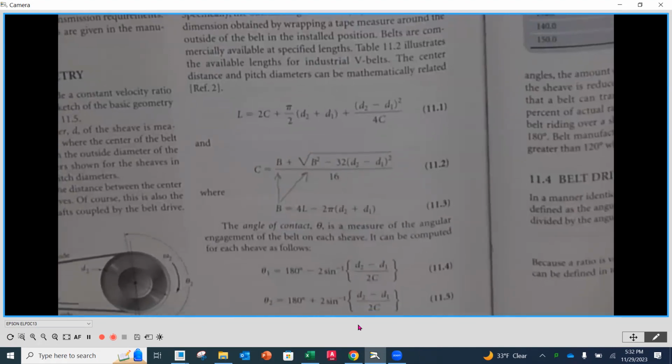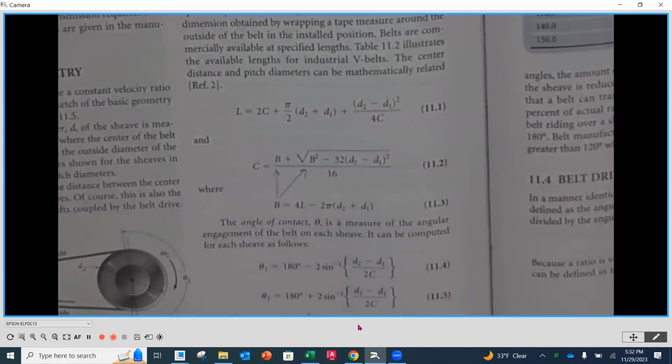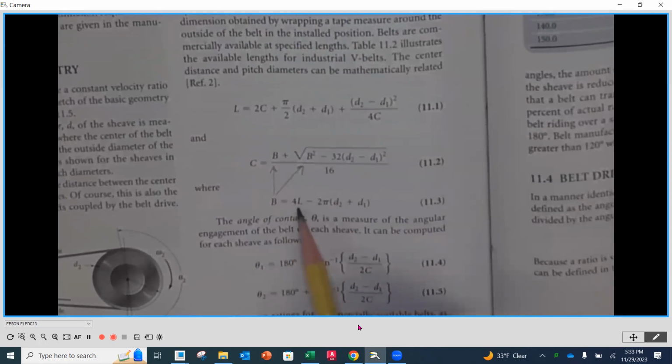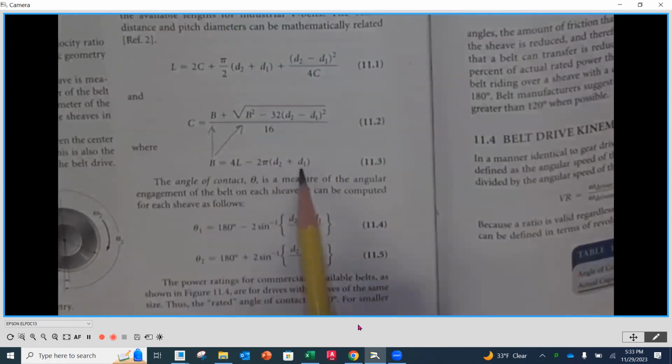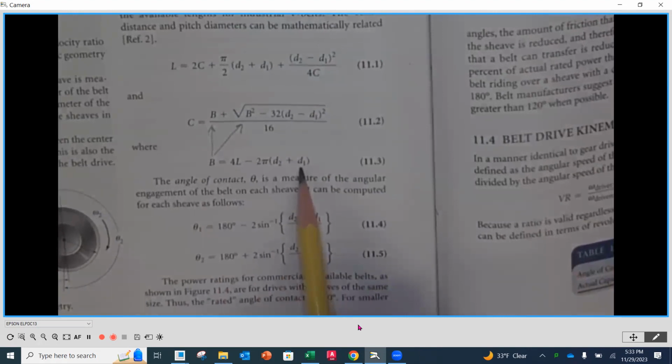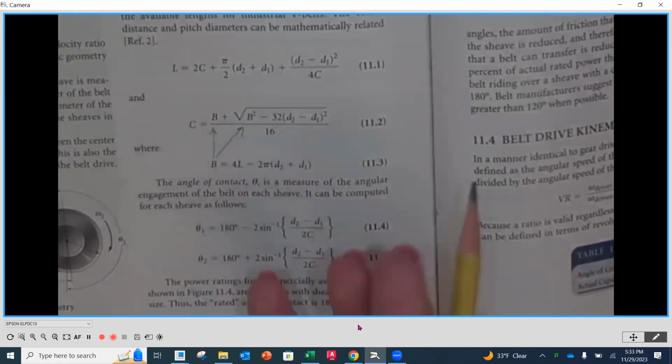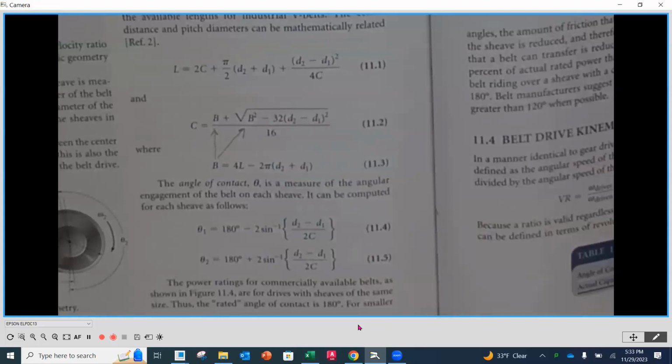And then here's the center distance equation. This B is just an intermediate step in the actual process. You calculate B first based on whatever length you ended up picking from your standardized list, and also based on the pitch diameters of the sheaves that you picked from the other standardized lists that are commercially available.